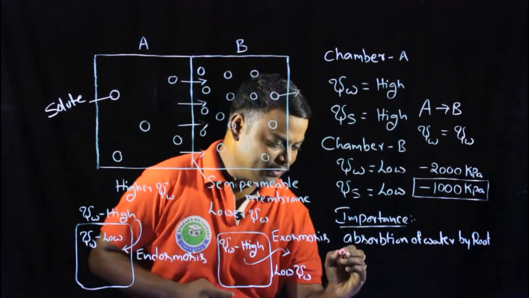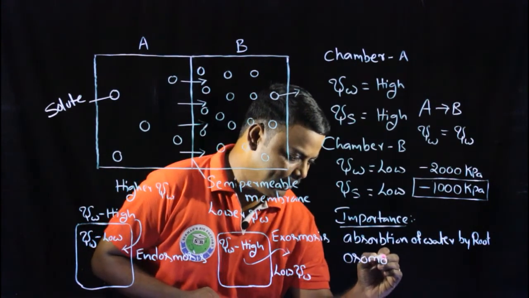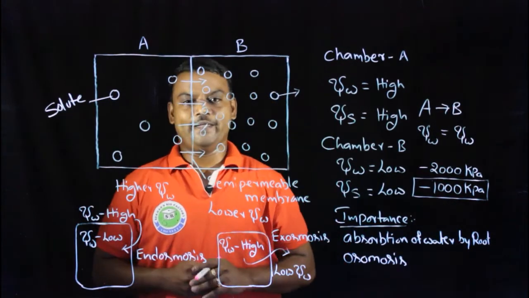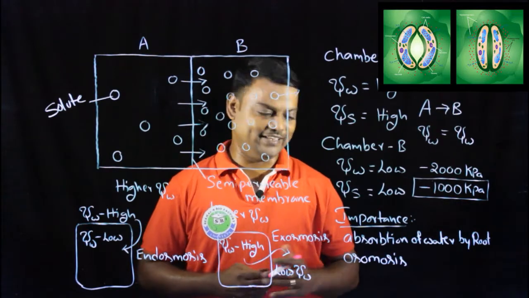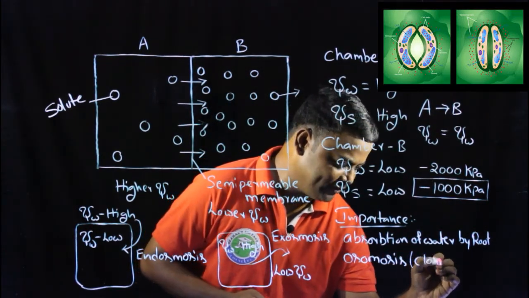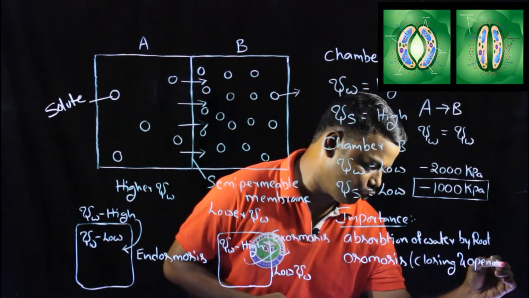At the same time, the osmosis process helps in closing and opening of stomata due to entry of water into guard cells. So osmosis helps in closing and opening of stomata.